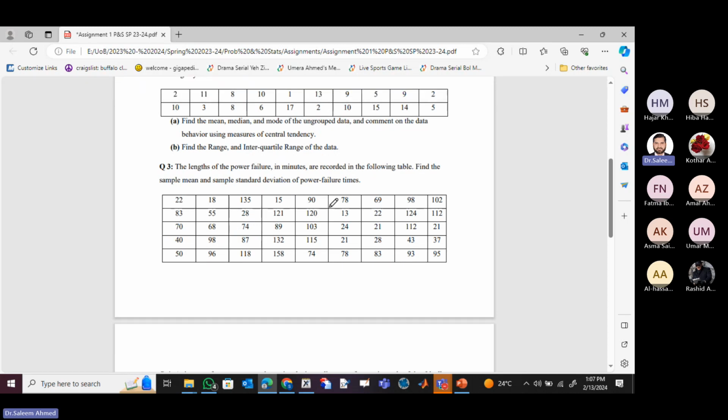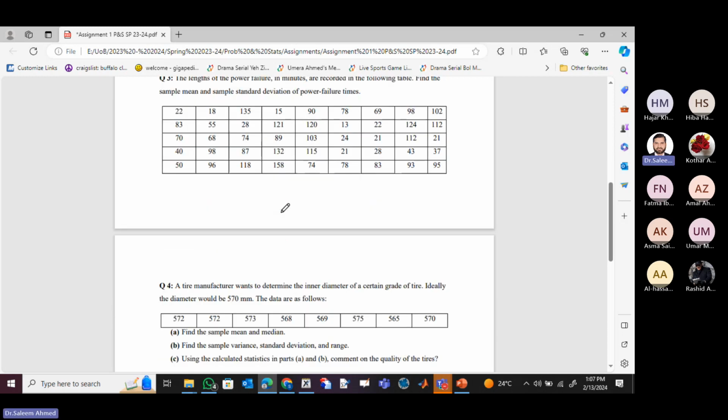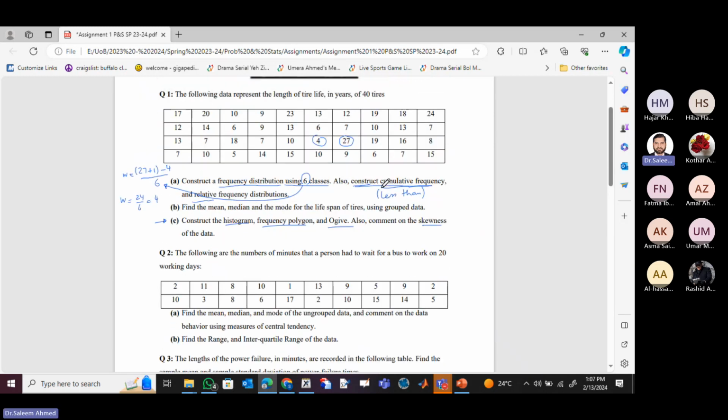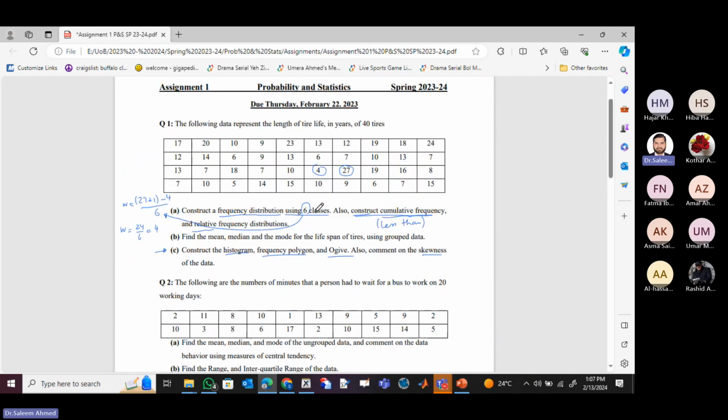Find the length of the tire. Find the mean, median, mode. Yes, that's it from the second lecture. This was the only question, I think.